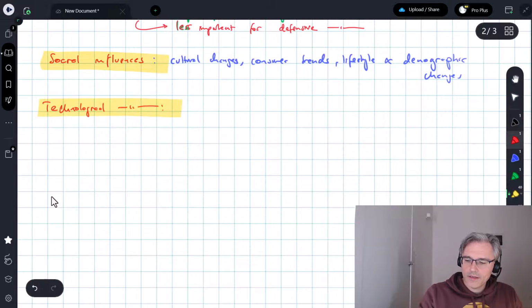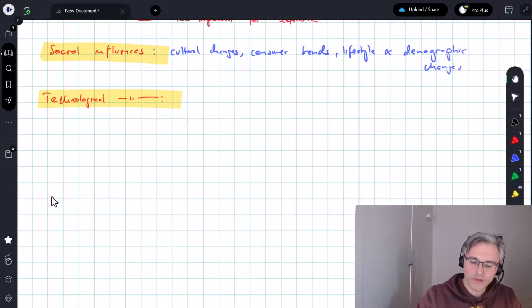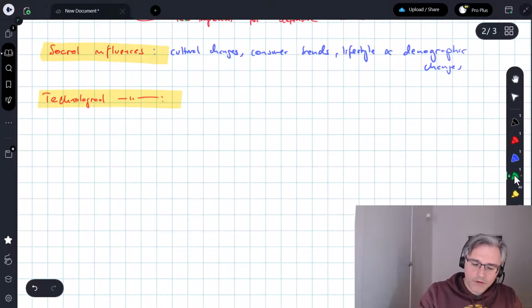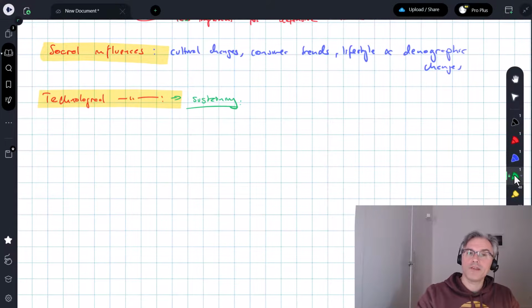And that's quite, I guess, self-explanatory. However, just need to be aware of the fact that technological influences can come, or changes can come about in two forms. Sustaining and disruptive, and of course disruptive is what a lot of people talk about, disruptive technologies, but there are also sustaining ones.